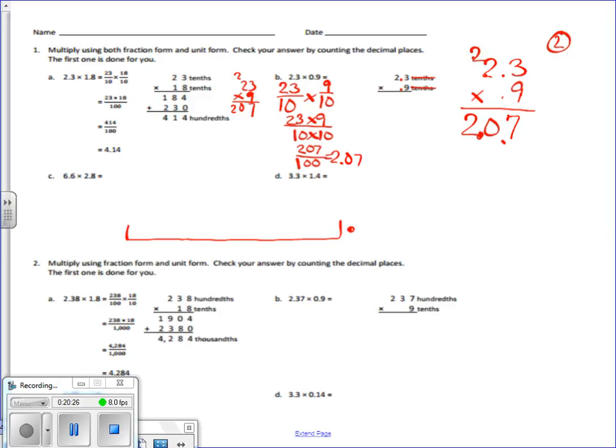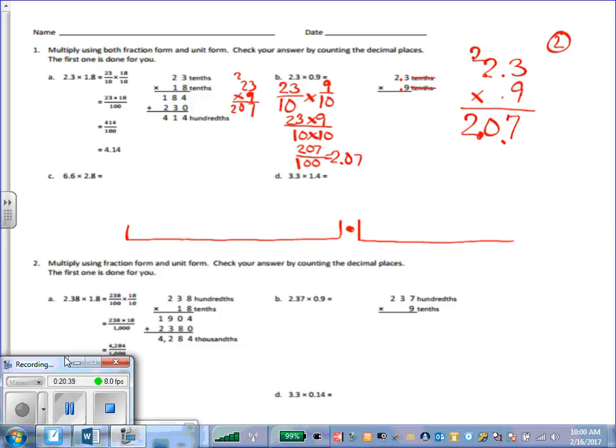Then you've got your decimal, and everything behind that decimal, but you've only got one decimal. I mean, you can have more than one comma, but you can only have one decimal. So these are your whole numbers, and then these are your fraction of a number.